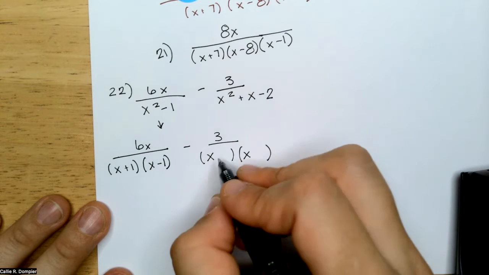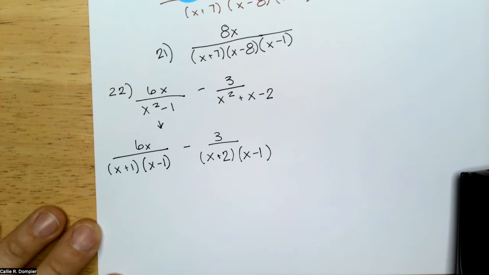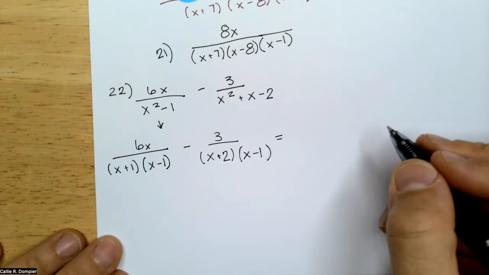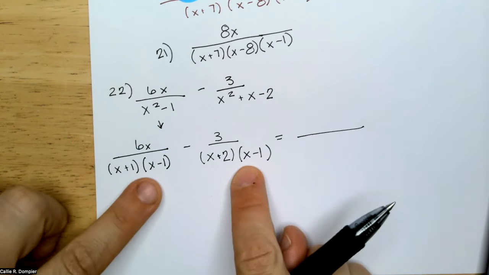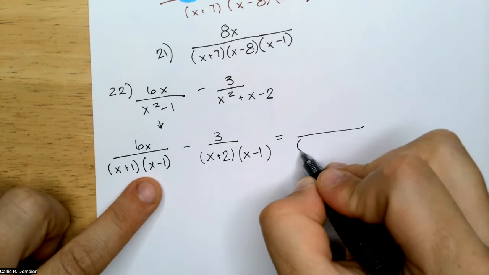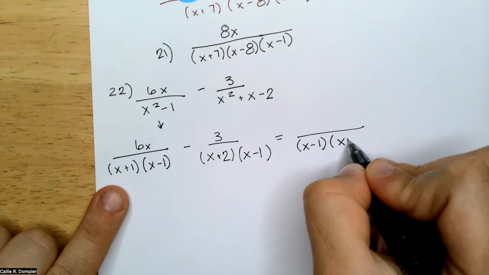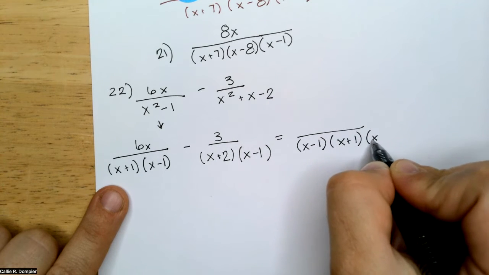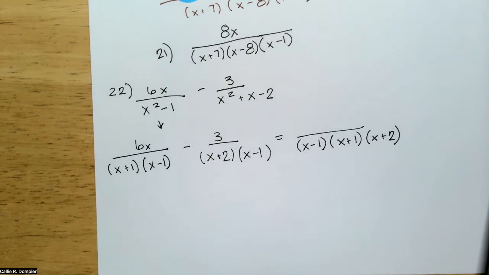So I'm going to say plus 2 minus 1, right? Again, we don't need 4, we just need 3 because x minus 1 is common to both. So we have x minus 1 times x plus 1 times x plus 2. That's going to be what our answer looks like.